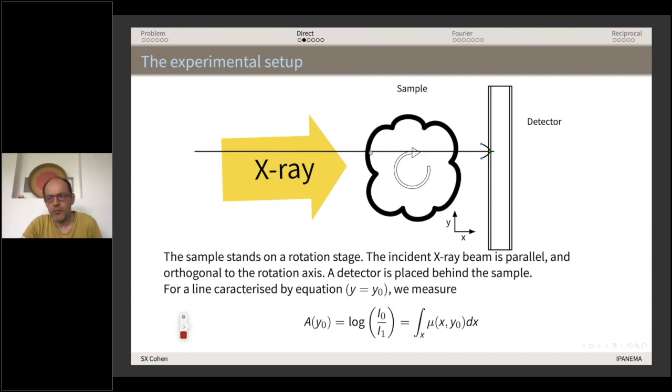When it goes through air, it's nearly not absorbed, because the density of air, as any gas, is rather small compared to a solid object. As I'm going within the object, the X-ray is going to be attenuated, and at each point it's going to be attenuated by a fraction, which is somehow the electron density of the point times the length of this density.